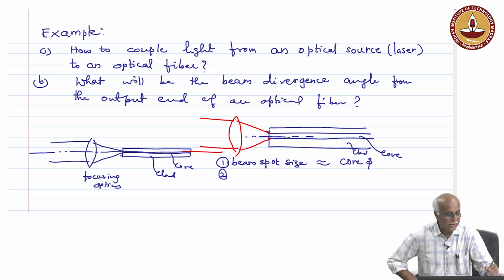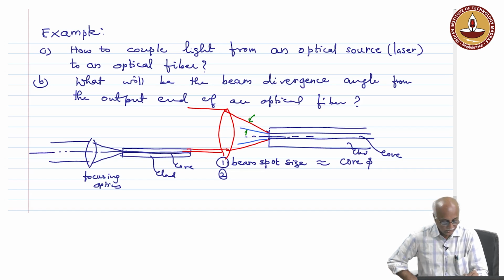So this is how light is getting coupled, while the acceptance angle of the fiber is this. This is based on the numerical aperture of the fiber, and this is the acceptance angle.